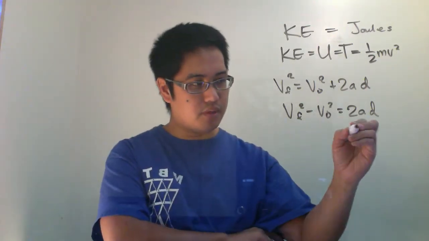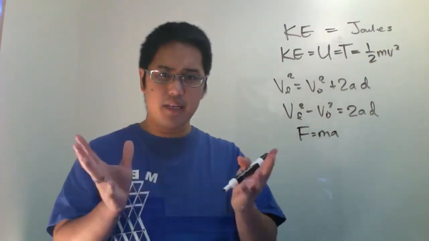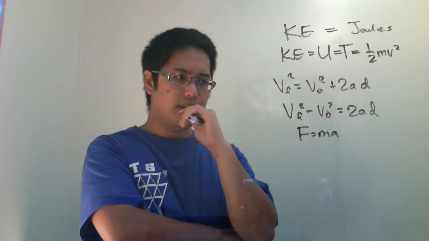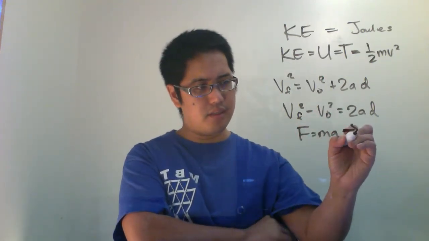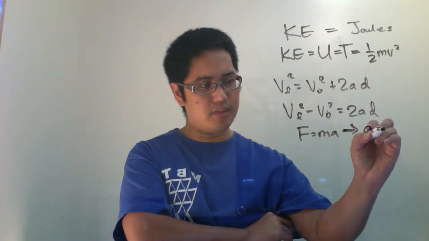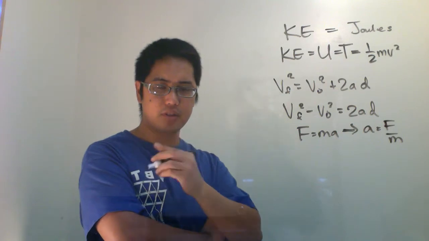When we learned forces, we learned that F equals ma. I'm just playing here. I don't really know exactly what I'm doing here. F equals ma. So I want to get A all by itself, I think. So let's go A equals F over M. Does that make sense? Sure.